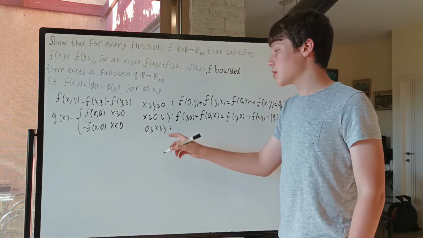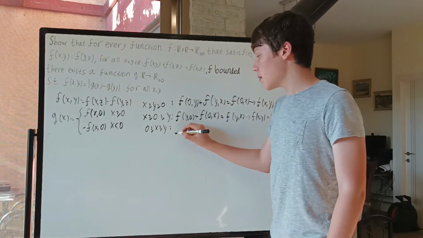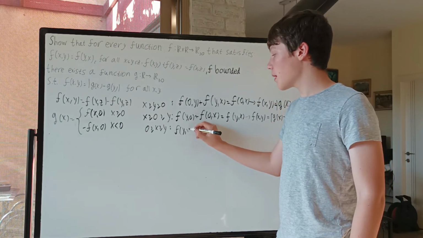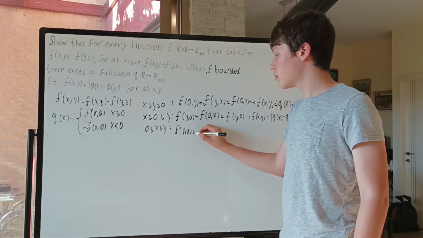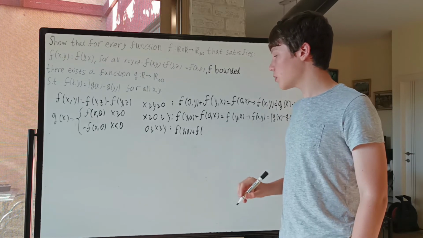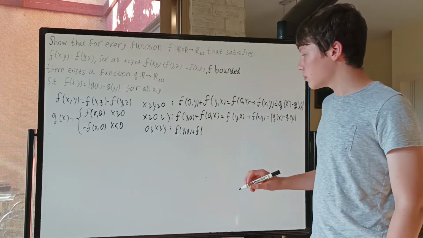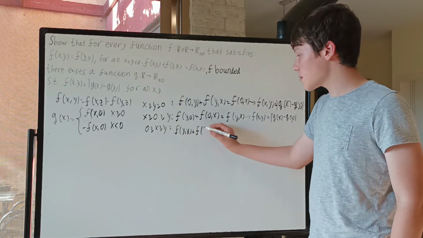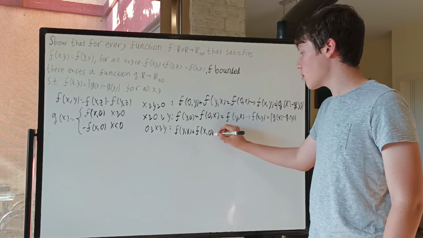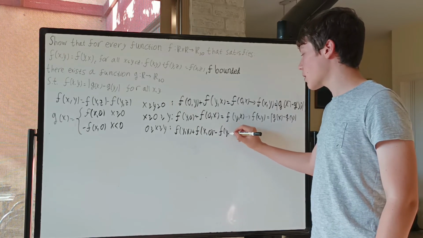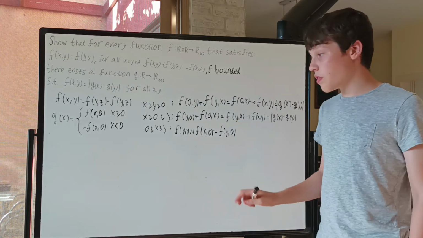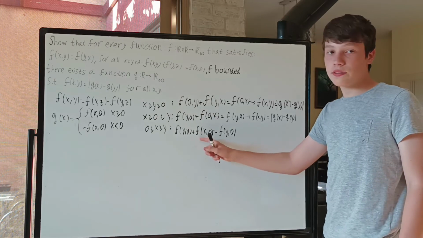And the final case we're going to do is this one. We have y smaller than or equal to x smaller than or equal to 0, meaning that f of y comma x plus f of x comma 0 equals f of y comma 0. Now, this is negative g of y, this is negative g of x.